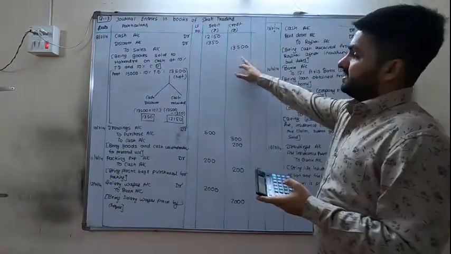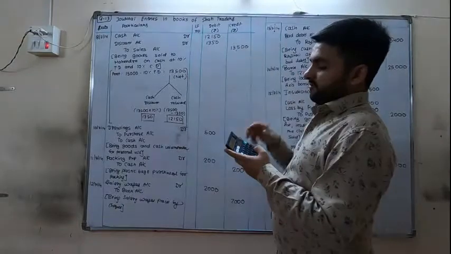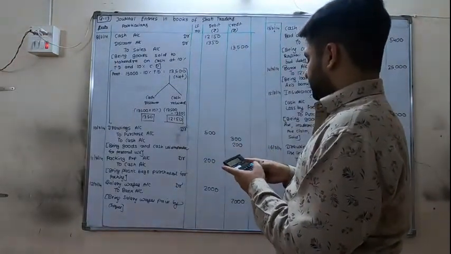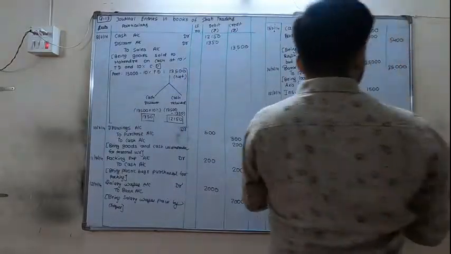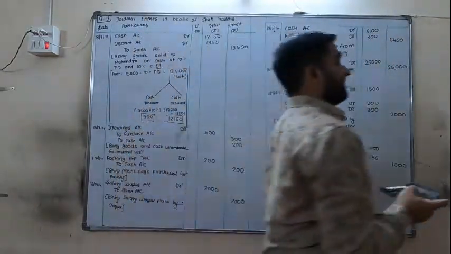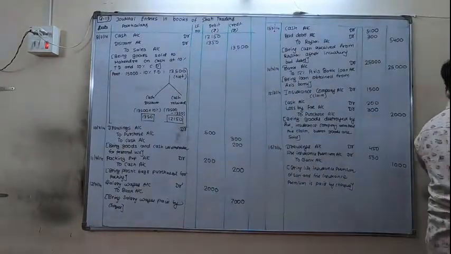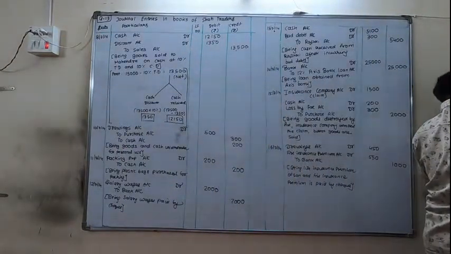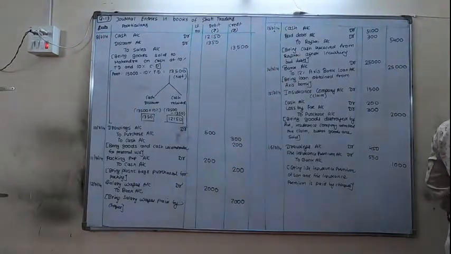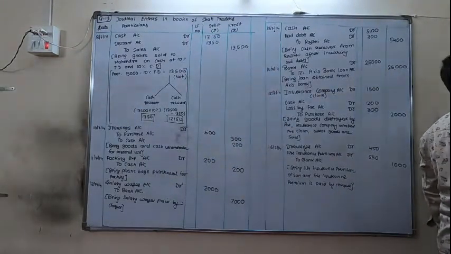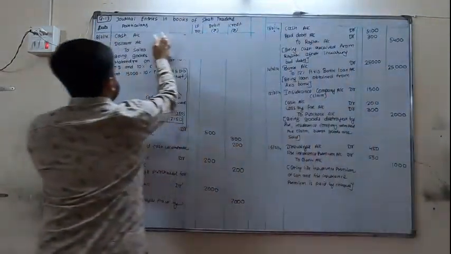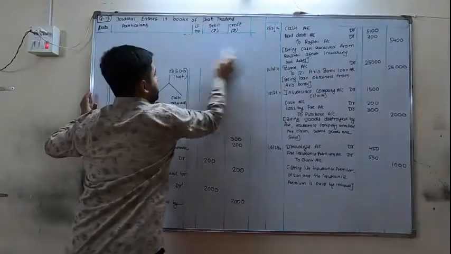I may check this line also. After 146,900, 13,500, 300, 200, 200, 2,000, 5,400, 25,000, 2,000 and 1,000. So 196,500. Again I will write in my book 196,500. Now we are left with 5 transactions. So I think space will be enough on one side only. We don't have to do both the sides.